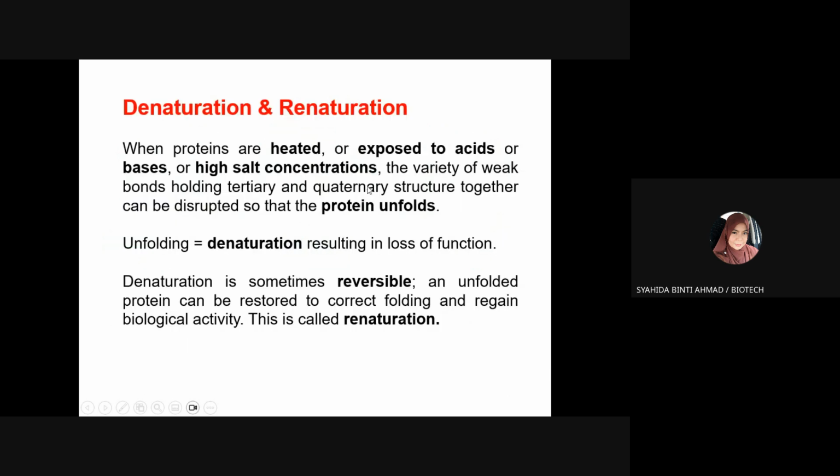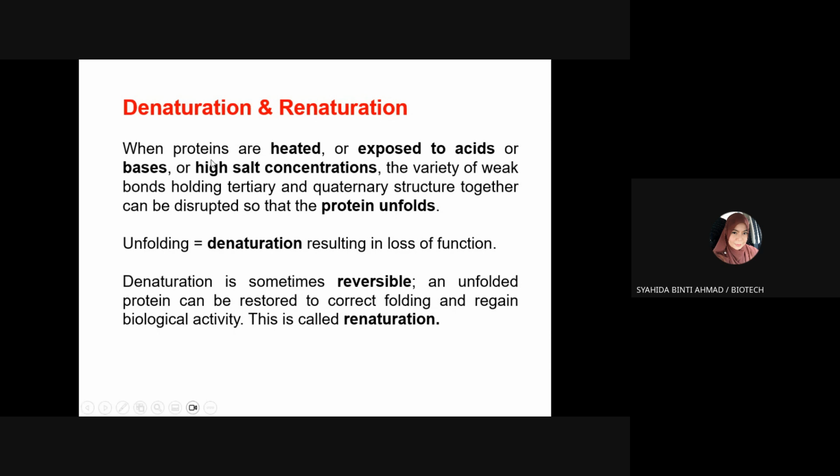Right? In protein structure, you also need to be aware of denaturation and renaturation. When we do some treatment, for example during protein extraction or protein isolation, we need to consider the possibility of denaturation or renaturation of the protein.